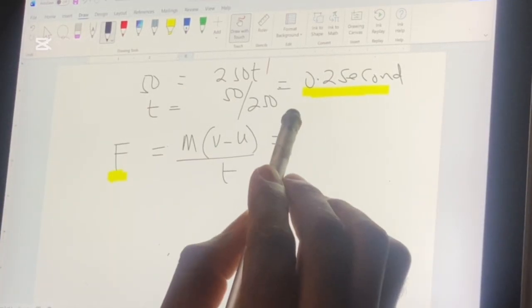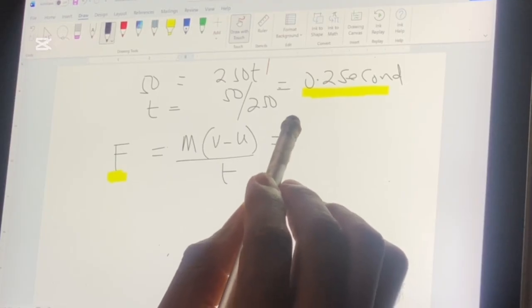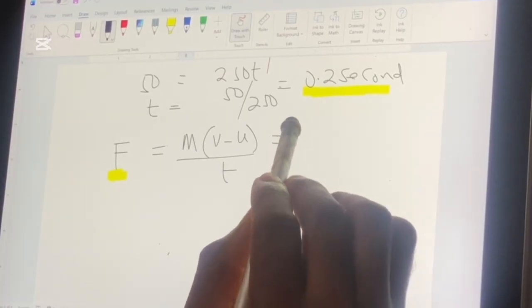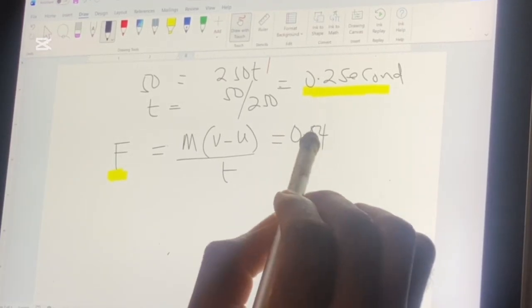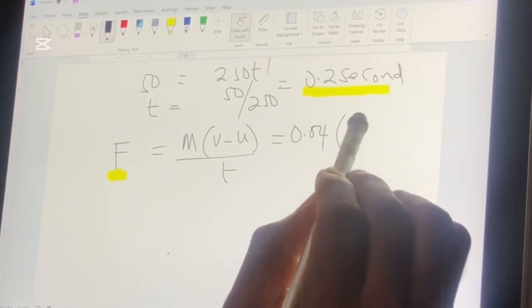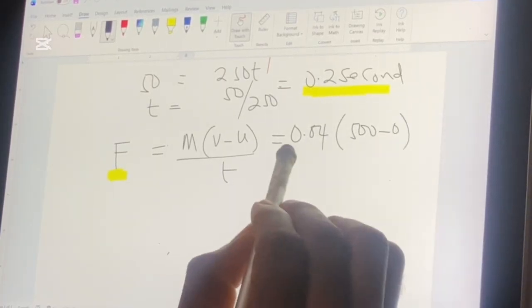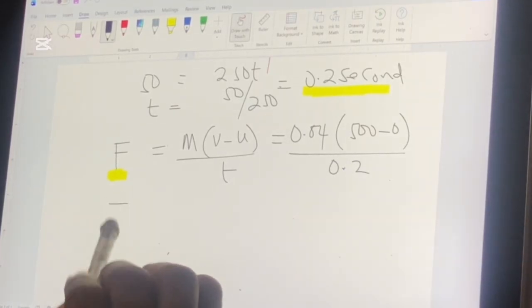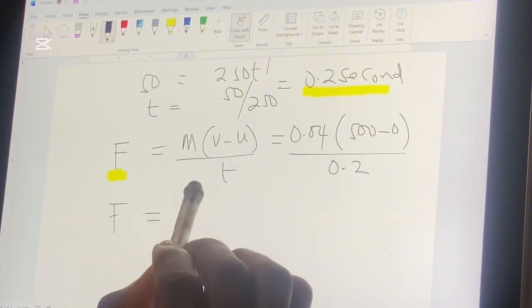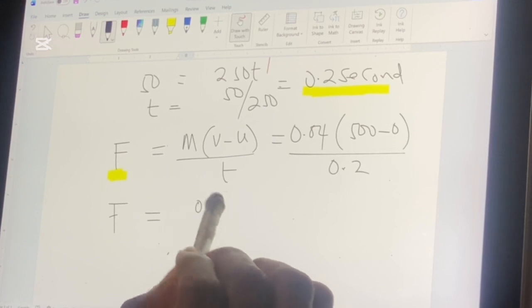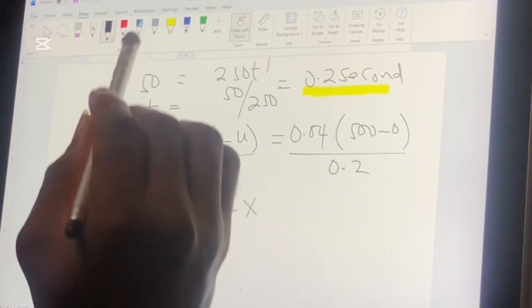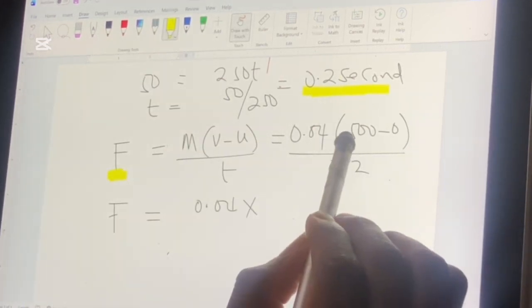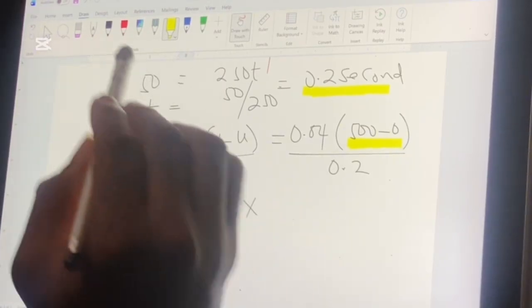So replacing the parameters here, mass is 0.04 from the equation, times 500 minus 0 over 0.2. So F will be equal to 0.04 times, let's simplify the bracket, 500 minus 0 will give us 500.